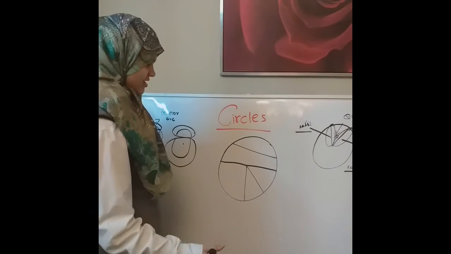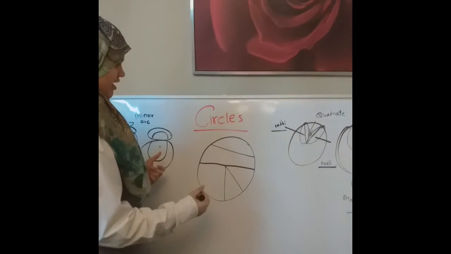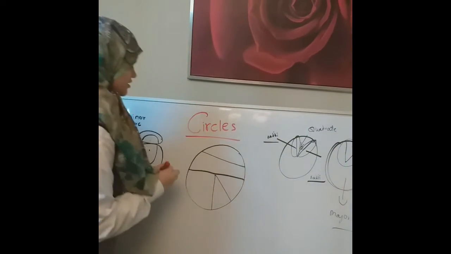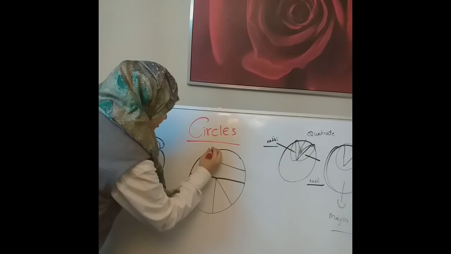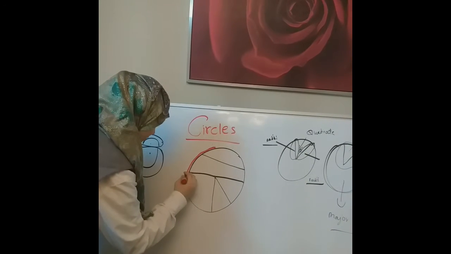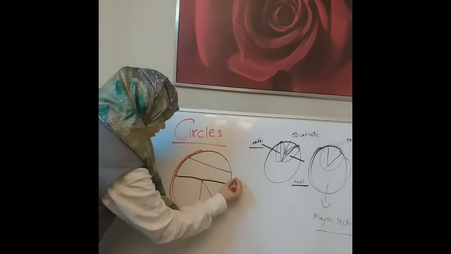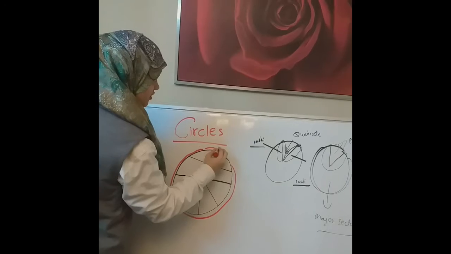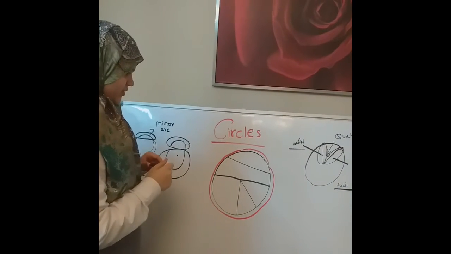Okay, after that, was there another thing? Yeah, if you want to name from here up to here, okay? And we want to name from here to here, okay?